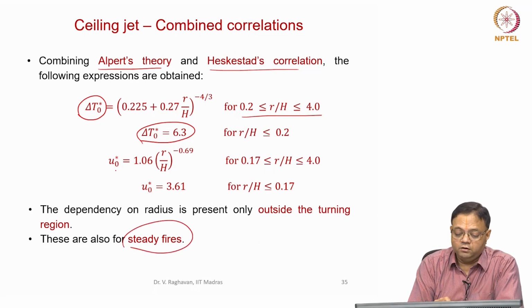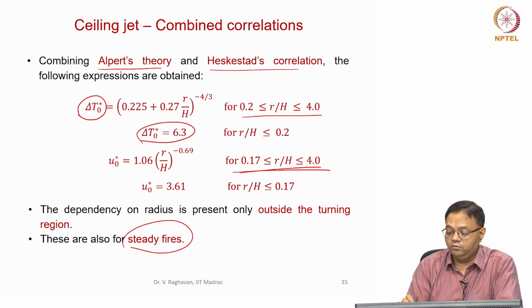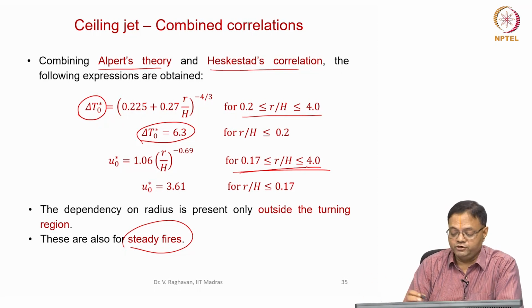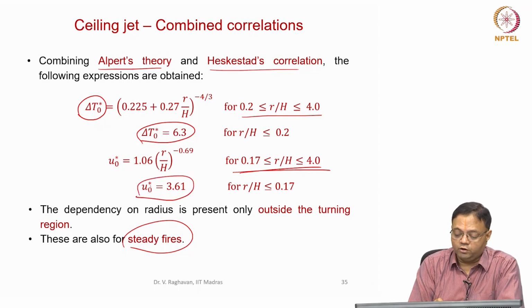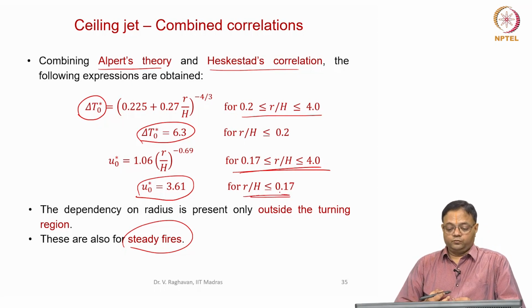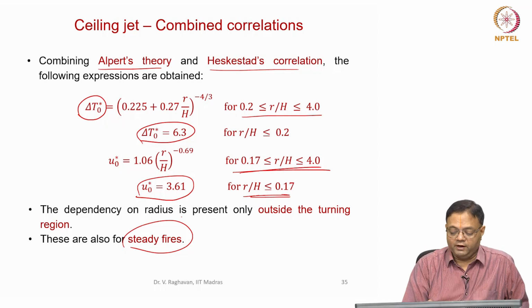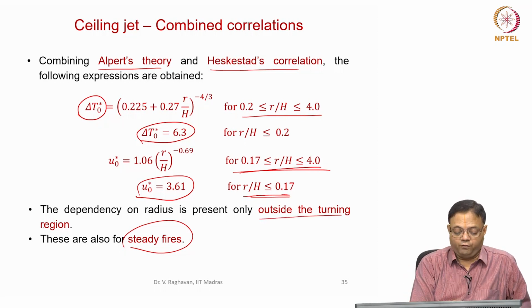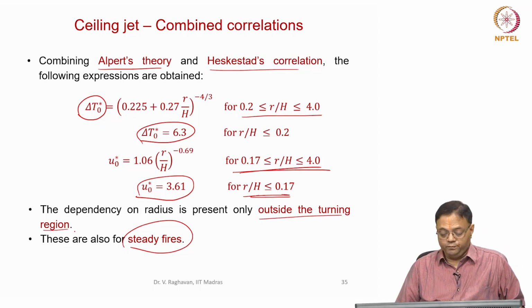Similarly, U naught star is 1.06 R by H to the power minus 0.69 for the far region, and U naught star is constant in the turning region. When we combine these two we get this. The dependency on radius is present only in the far region, that is, outside the turning region.